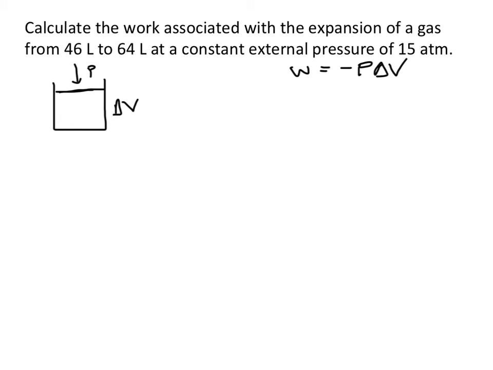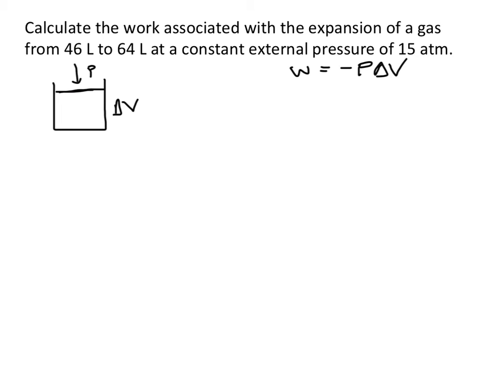The space is increasing, so delta V in that situation would be getting larger. It would be a more positive value, okay? However, it would also be doing work on the surroundings. If delta V represents what's happening to the system, it's expanding, that would mean that the piston is also expanding up and acting against an external force.